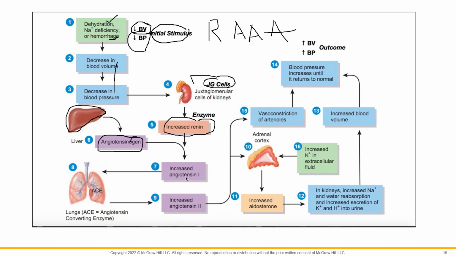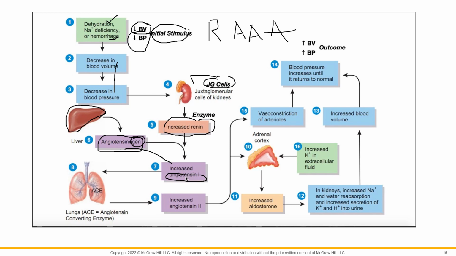And you know from the digestive system chapter that anything that ends with a gen is probably a precursor. So renin and angiotensinogen together convert angiotensinogen to something called angiotensin 1.